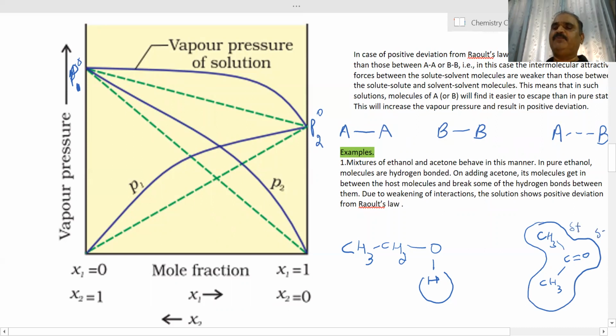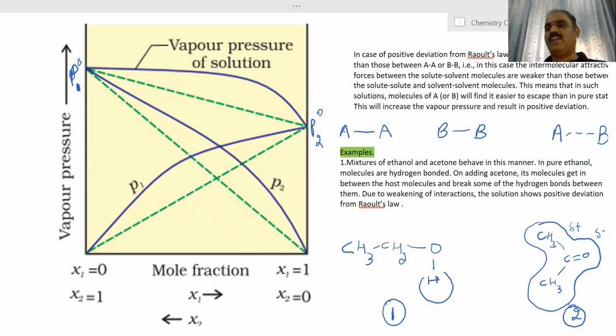Due to this polarity, these molecules will be held by dipole-dipole interactions, you can say. So when we have pure, this number one component, these molecules are held by H bondings, and these molecules are held together by dipole-dipole interactions. But when we mix these two together to make a homogeneous mixture, to make a solution, they get uniformly distributed. Means alcohol molecules are surrounded by acetone and acetone by alcohol. Now, what will happen?